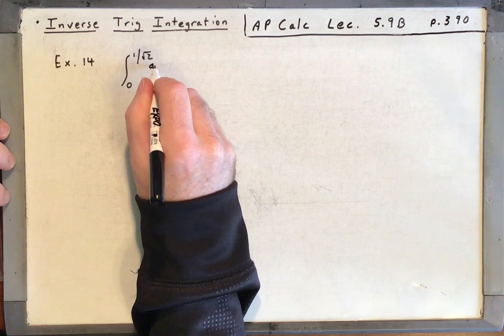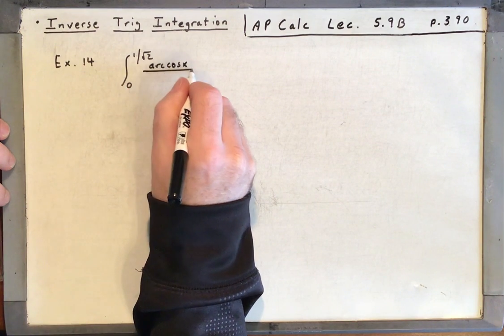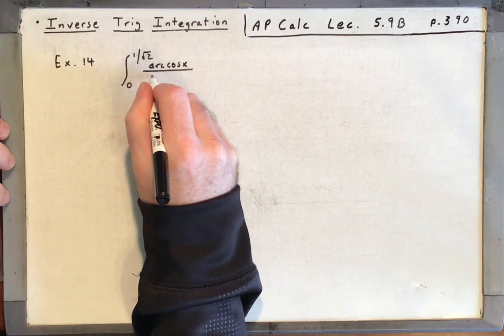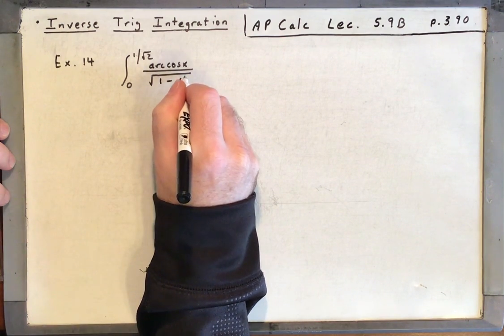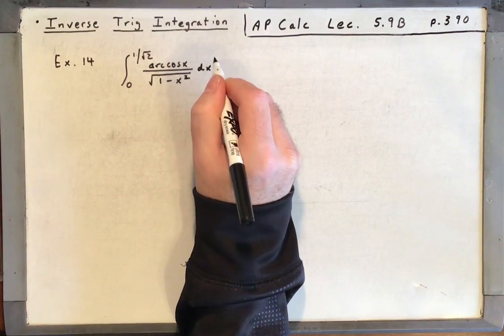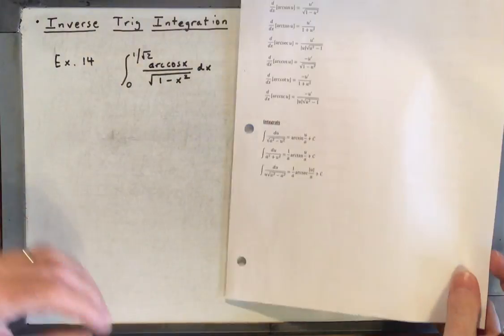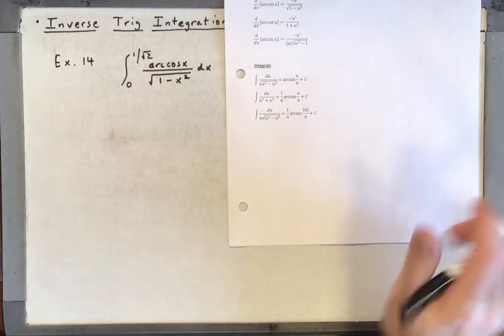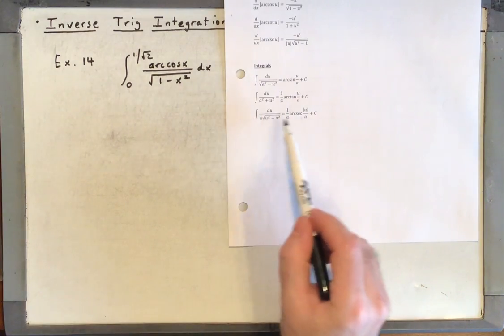And we have arc cosine of x over the square root of 1 minus x squared dx. All right, so this doesn't fit any of these patterns right here, okay? None of these patterns have arc cosine in them, right?